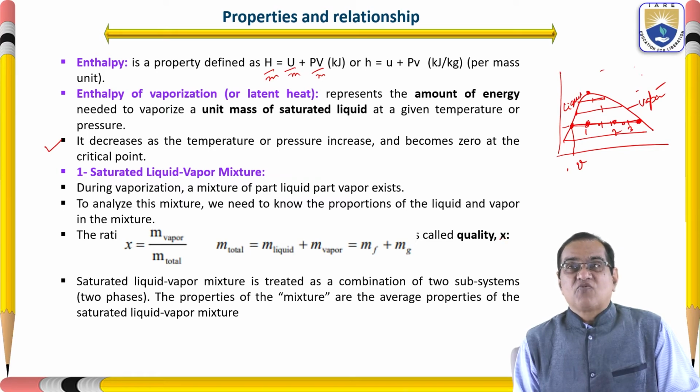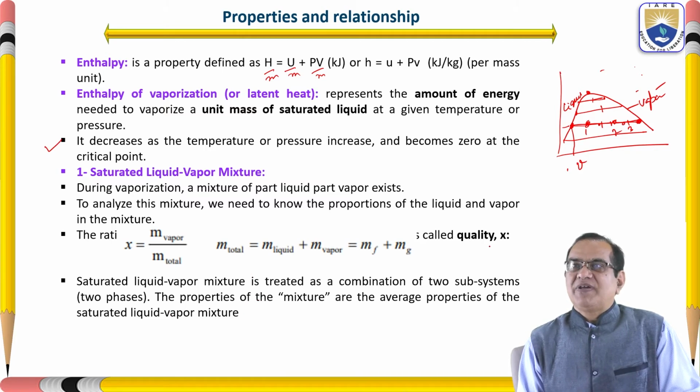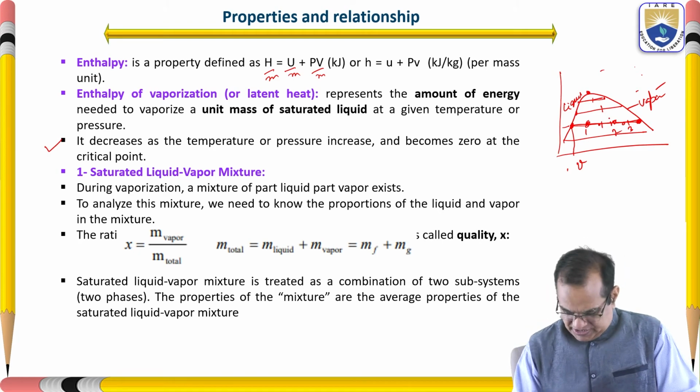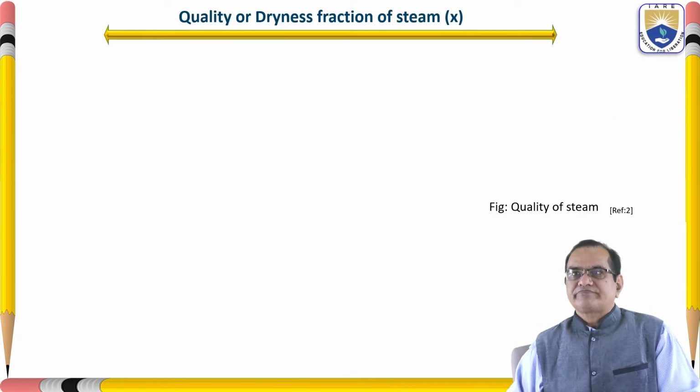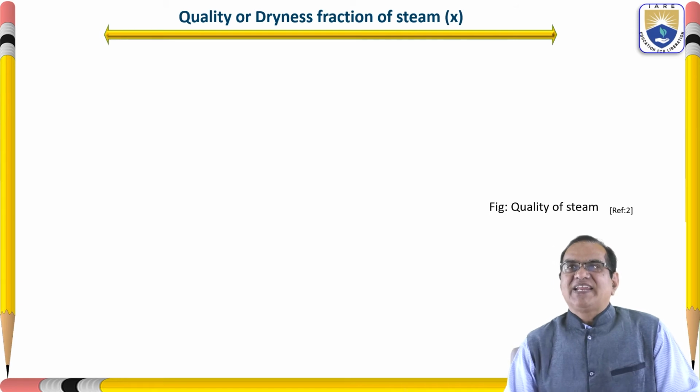So we take the average, not just one. This is the quality or the dryness fraction of the steam.